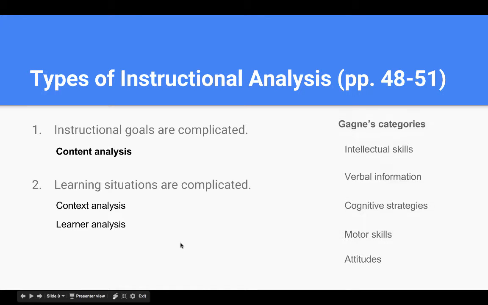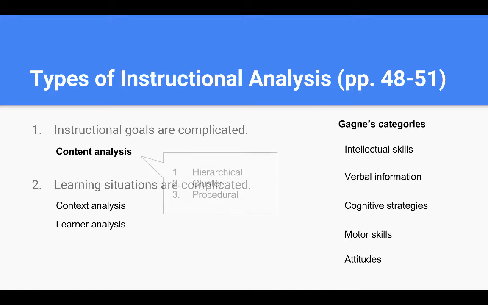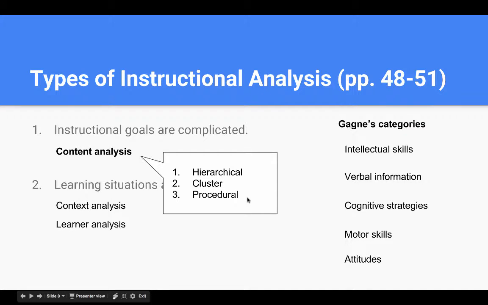Remember, the goals fall under different categories using either Gagné's categories or Bloom's taxonomy. Here I am listing the categories defined by Gagné. Depending on the categories of your instructional goals, there are at least 3 different ways to conduct content analysis: hierarchical analysis, cluster analysis, and procedural analysis.